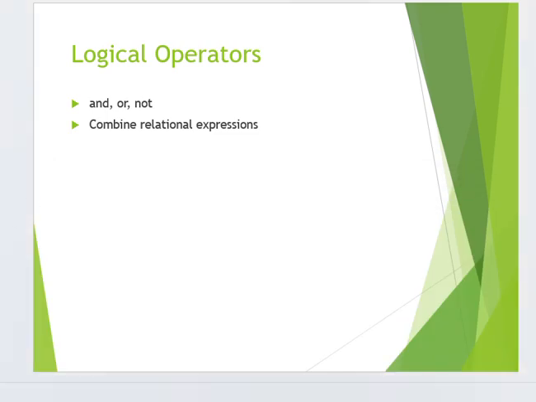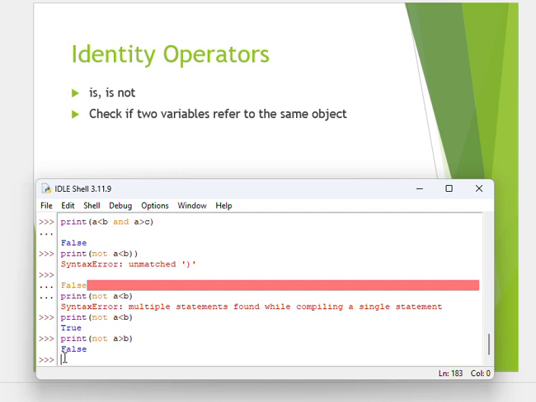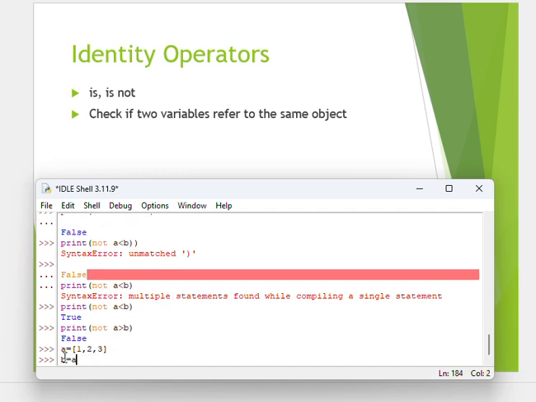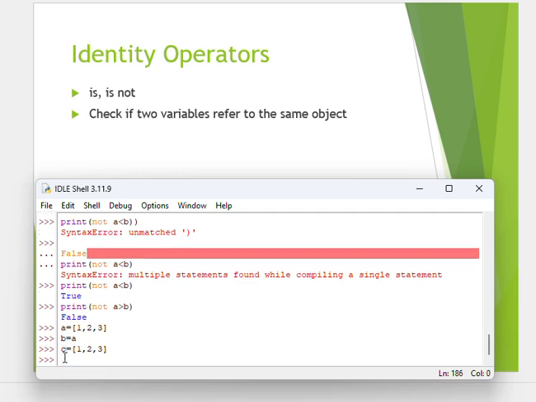Now the next one is identity operators. In this case we are going to check whether the two variables have the same value, whether they are referring to the same object or not. So if I write A equals to 1, 2, 3, and if I write B equals to A, and if I write C equals to 1, 2, 3, and if I try print A is B, what should be the answer?